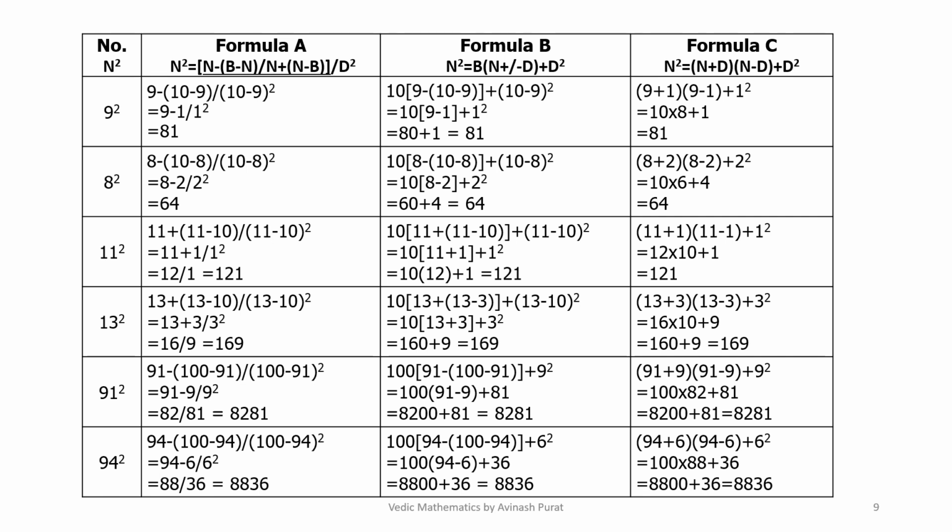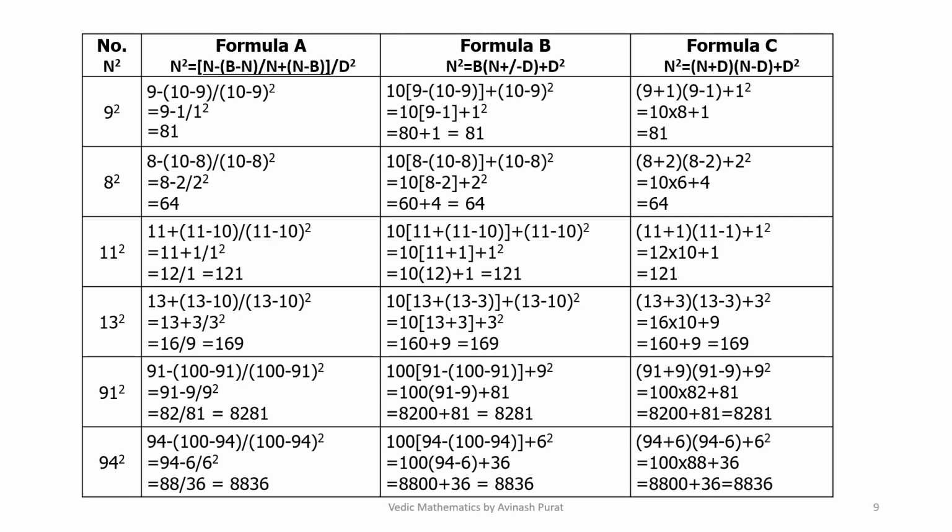Third formula gives (13 plus 3) multiplied by (13 minus 3) plus 3 squared equals 16 multiplied by 10 plus 9 equals 160 plus 9, that is 169.